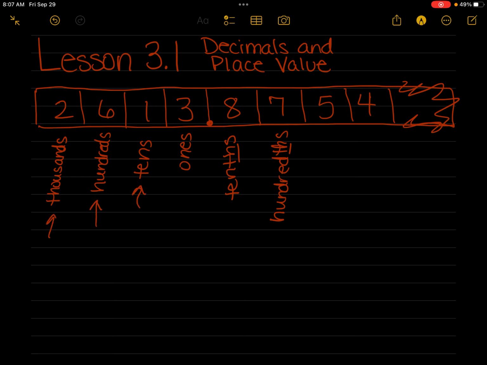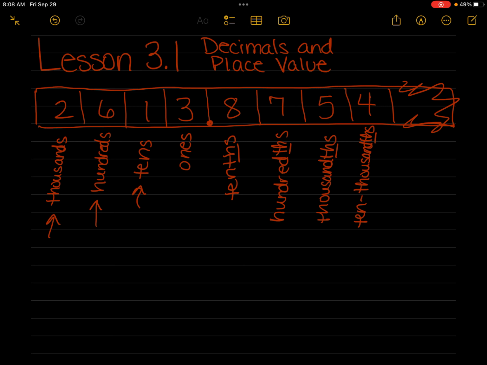So the next one is going to be thousandths. Remember, TH, thousandths. And then the next one will be ten-thousandths. If y'all were in class, I'd be saying, and what do you think is going to come next? So ten-thousandths was next.